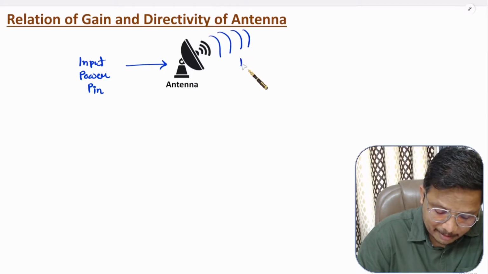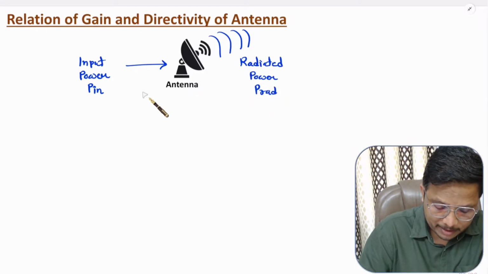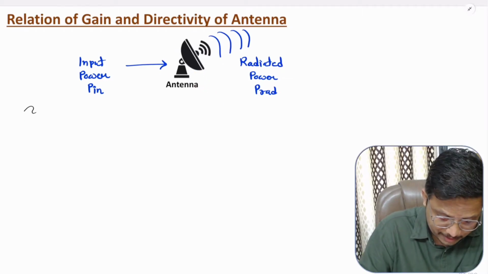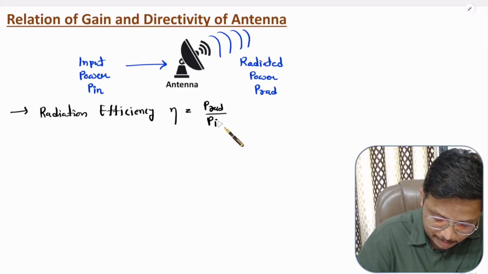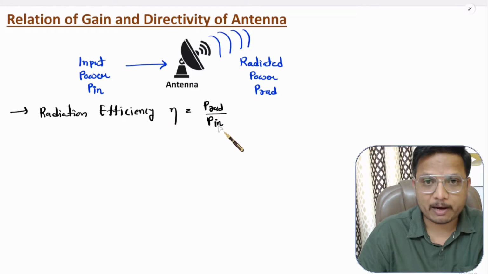Let us say the radiated power is P rad. Based on radiated power and input power to this antenna, one can calculate radiation efficiency, that is radiated power divided by input power, right?